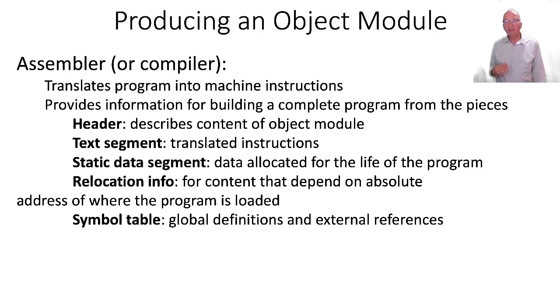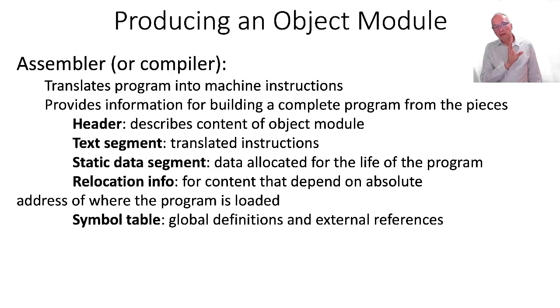And then I also have a symbol table. A symbol table contains all the global definitions in my module, plus all the external references. So I will have dependencies expressed in the symbol table. For example, in the lab where you compute the checksum, I could have the checksum in a module by itself, and the main program in a separate module.